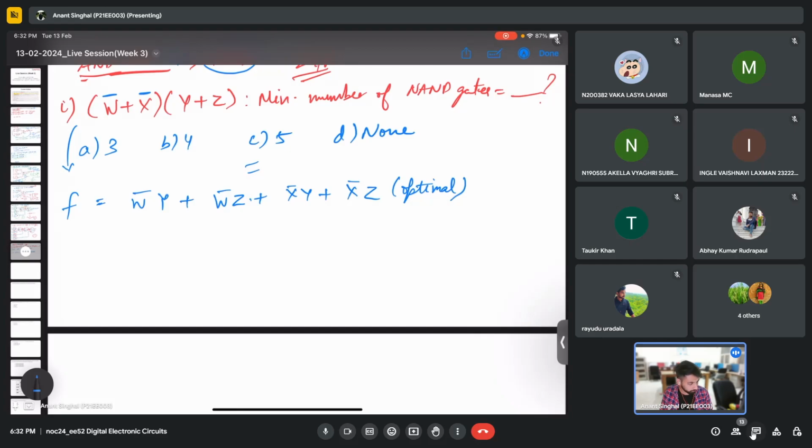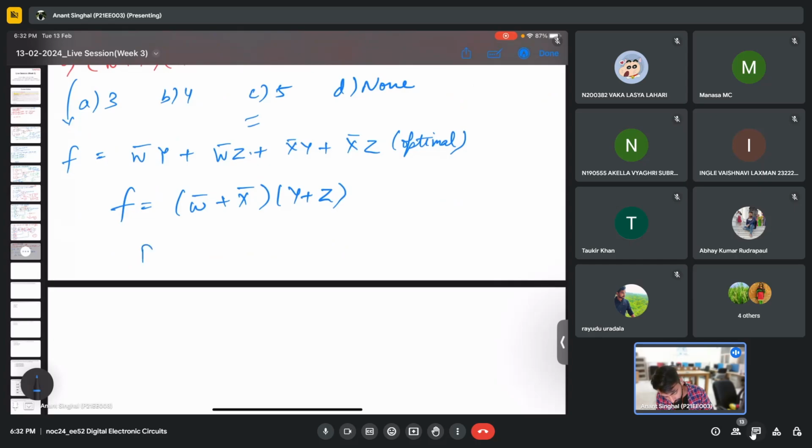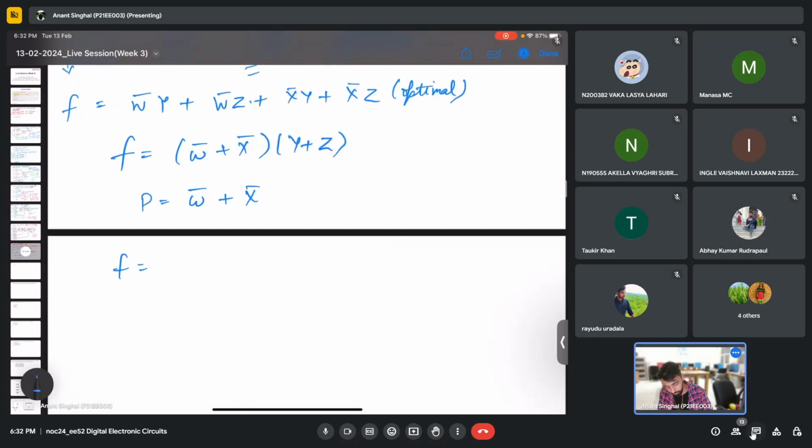So what I'll do is I'll use a trick here. Let's say I have been given w complement plus x complement times y plus z. If I say this particular first term, w complement plus x complement, is p, then my f will reduce to p times y plus z.